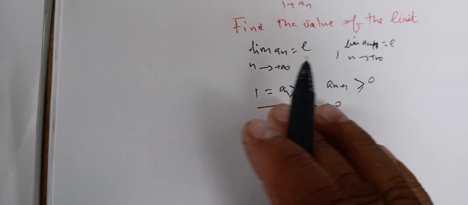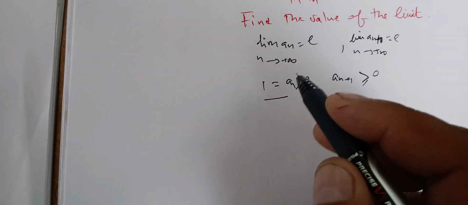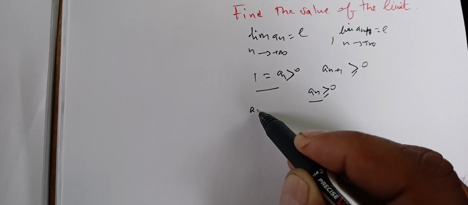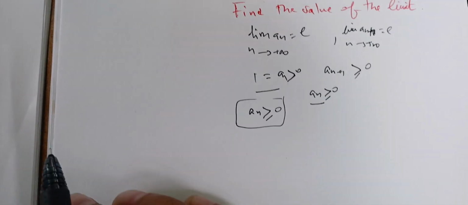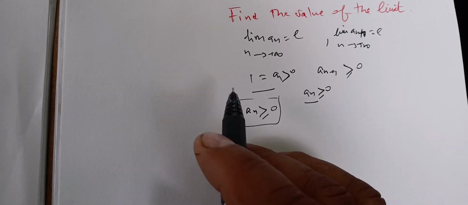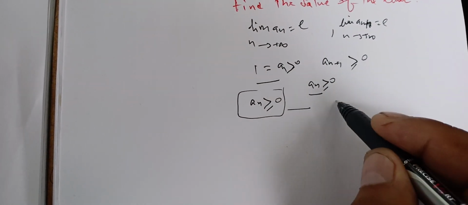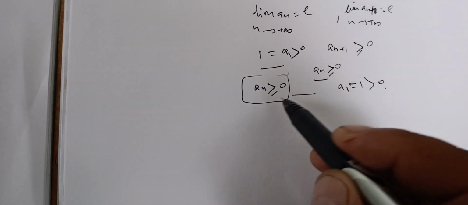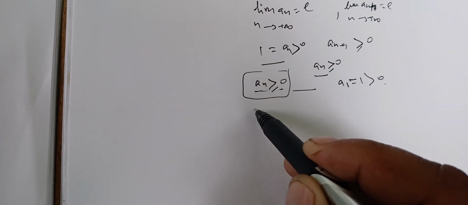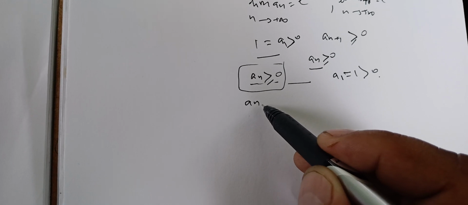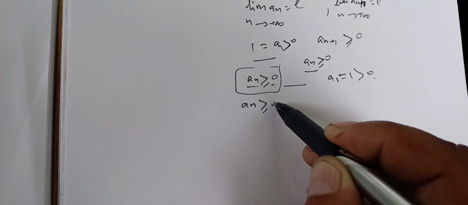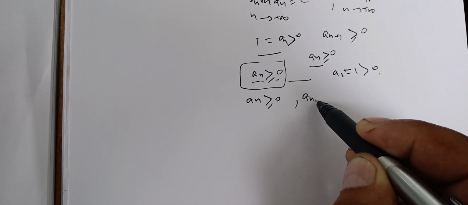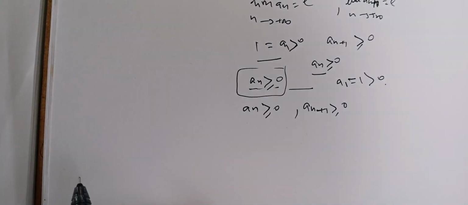We can do this by using induction. So we're going to prove that a_n is bigger than 0. The first term a1 is bigger than 0. We assume that a_n is bigger than 0, and we're going to prove that a_{n+1} is bigger than 0.